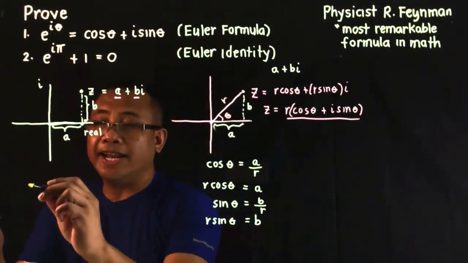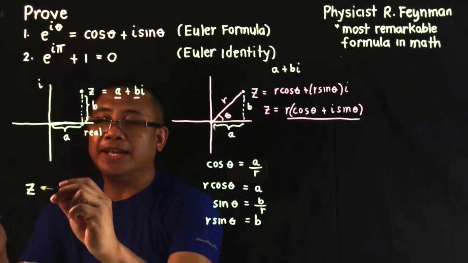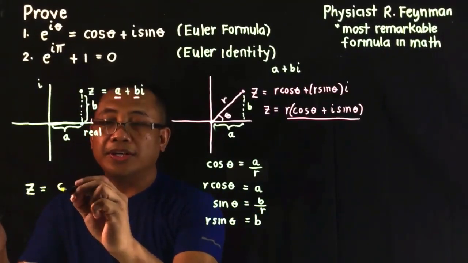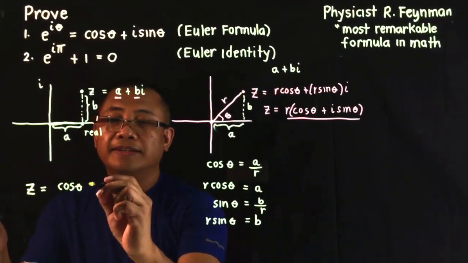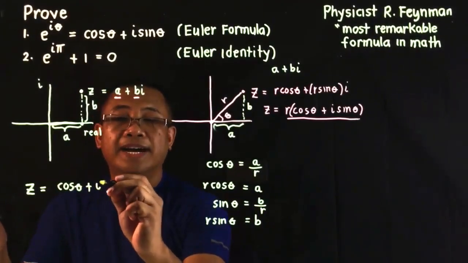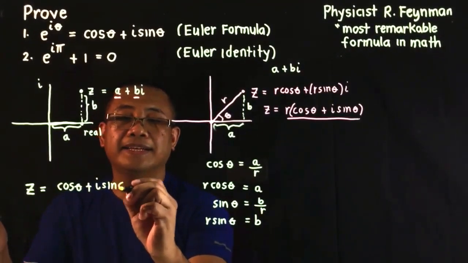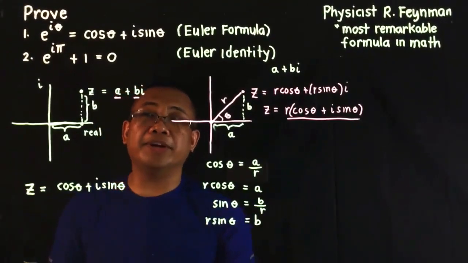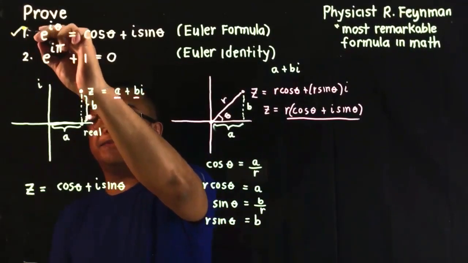We are going to use this value, z equals cosine theta plus i sine theta, as our starting point in our derivation of this formula.